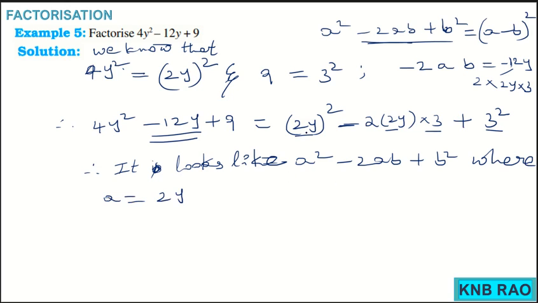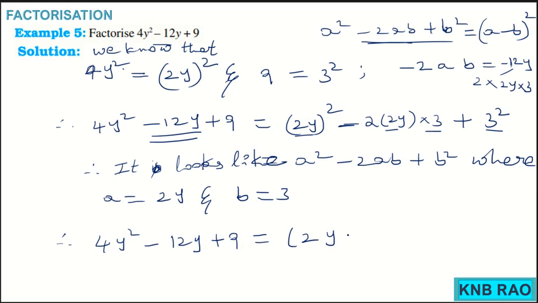In the place of a you could see 2y, and what is b? In the place of b I could see 3. Therefore, 4y square minus 12y plus 9 I can factorize as 2y minus 3 whole square.